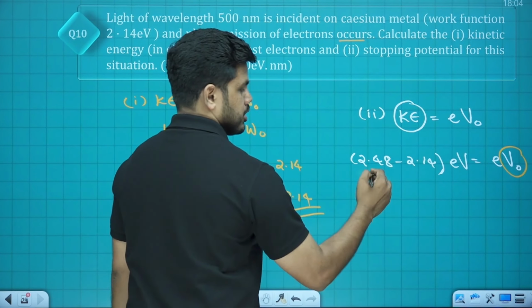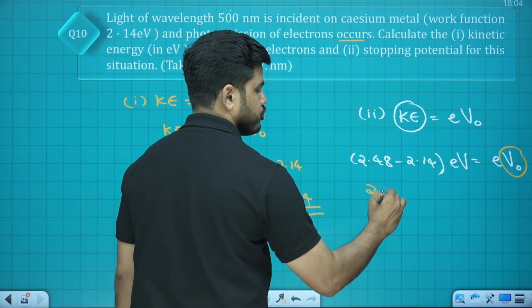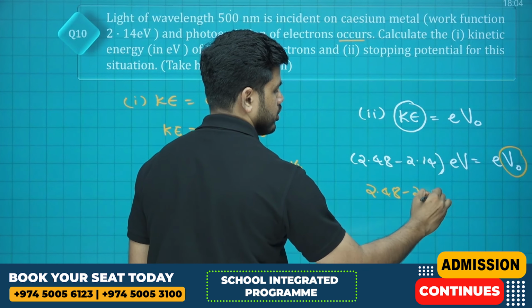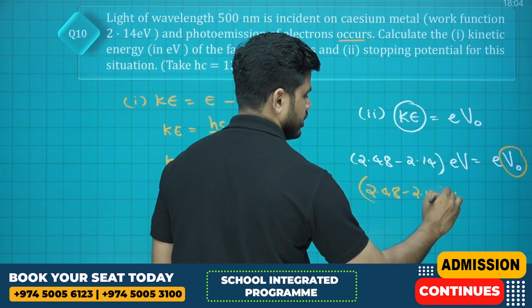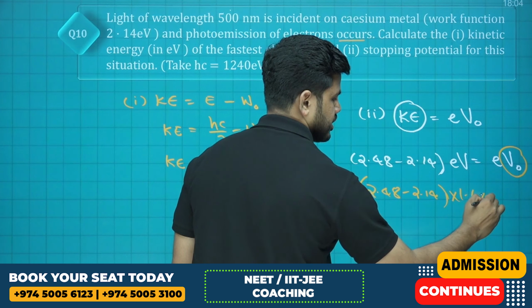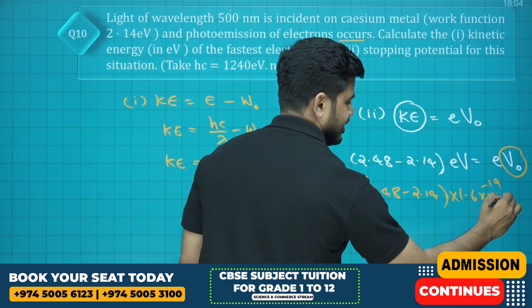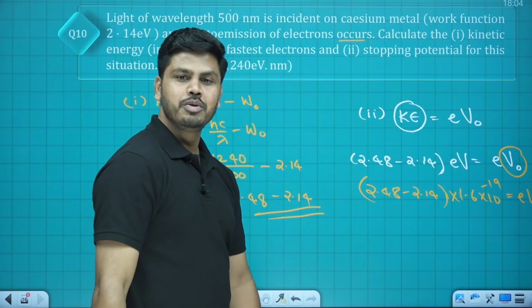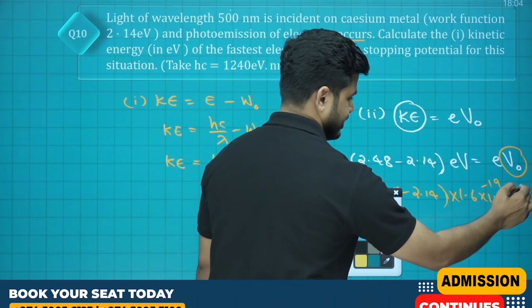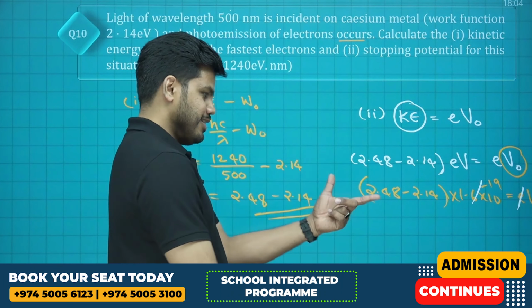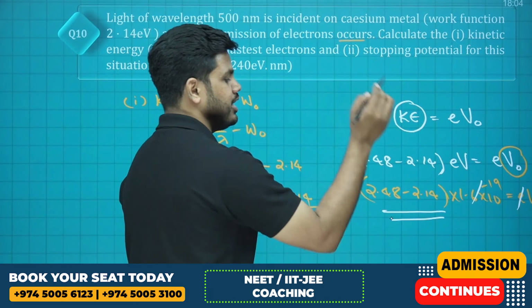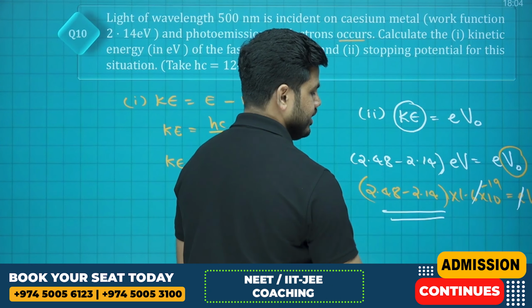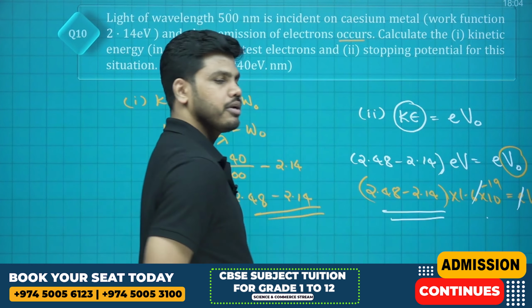Yes. So then we have to convert this into joules. So 2.48 minus 2.14 into 1.6 into 10 raised to minus 19 is equal to E into V naught. Then what did we do? We cancelled that E and 1.6, right? So whatever be your kinetic energy in electron volt, without that E, if you write, that will be your stopping potential.